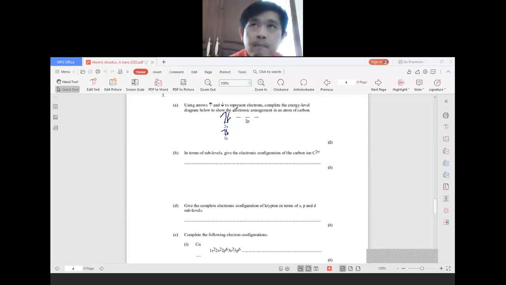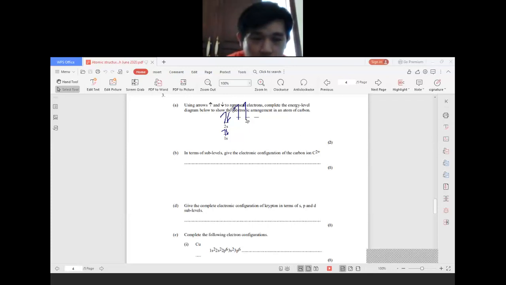According to the Pauli exclusion and Aufbau principles, we have to fill in all the orbitals first. We are not supposed to make one orbital full, then the rest of the orbitals empty. That is not the rule.